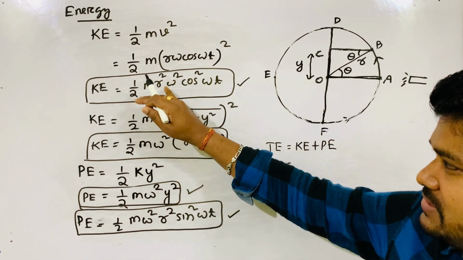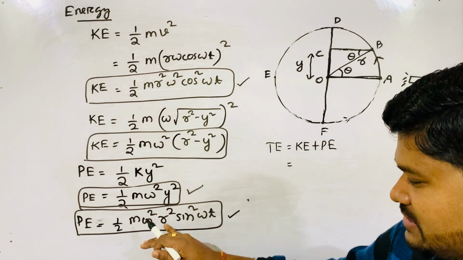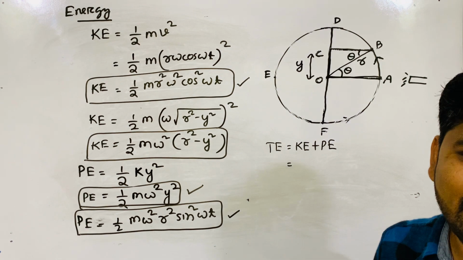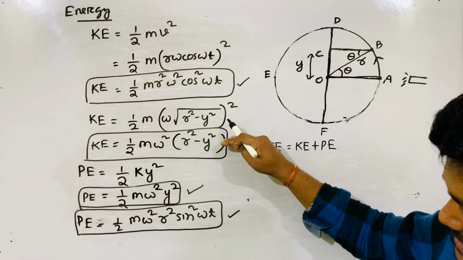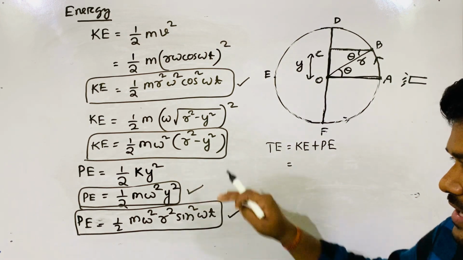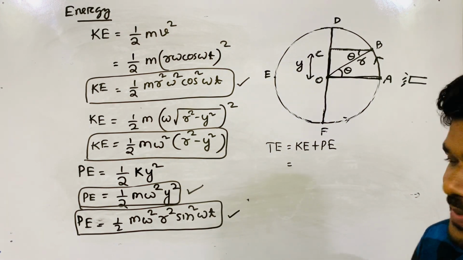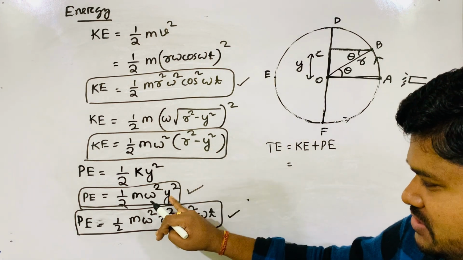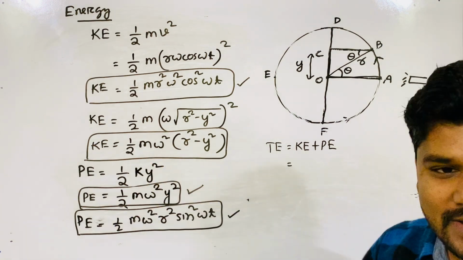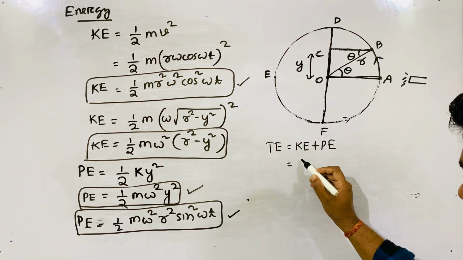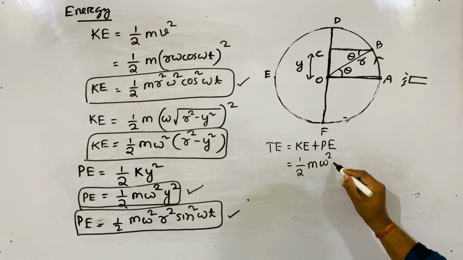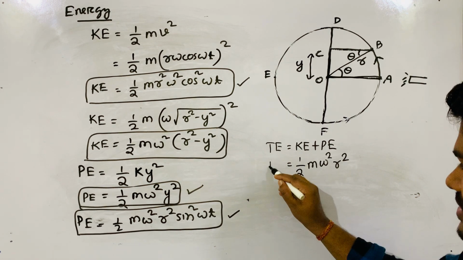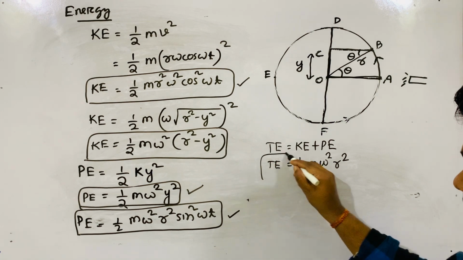So half m r square omega square remains. Also you can add this term with this term. If you add minus y square and plus y square, times m omega square, how much do you get? Half m omega square r square. This is the total energy expression.